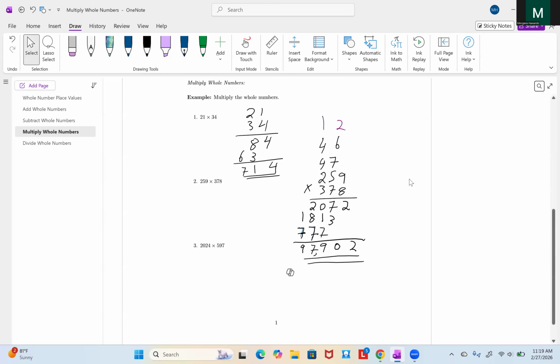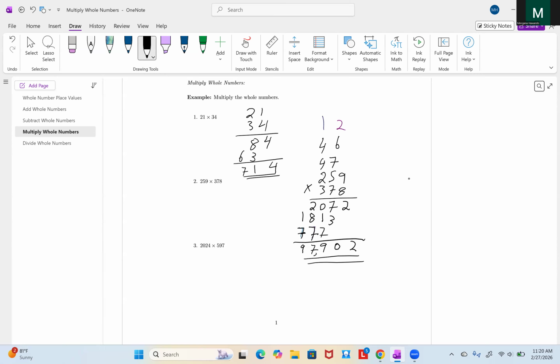So notice that as we multiply 8 with each of the digits of the 259, starting from the right, once we're done, we move on to the next digit of the second number, which is 7 in the tens place. And we multiply the digits of the 259 starting from the rightmost digit by that 7.